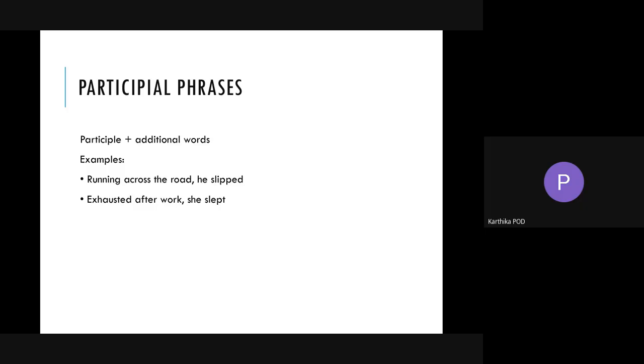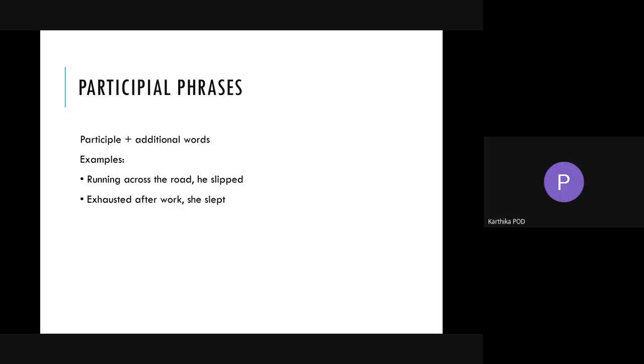Here you could say the participle is running. Okay. And exhausted after work, she slept. What's the participle here? Exhausted. Yeah. So though this is a verb, grammatically it functions as what? Adjective. Okay.